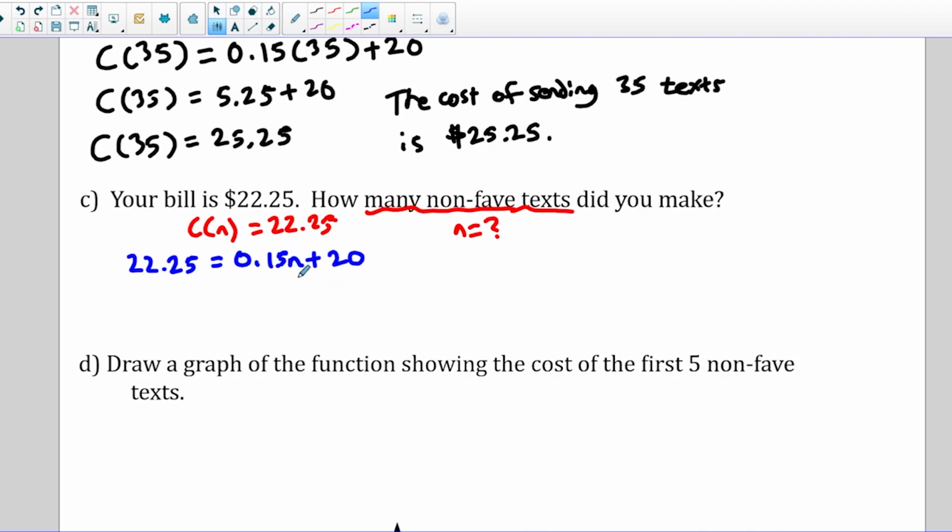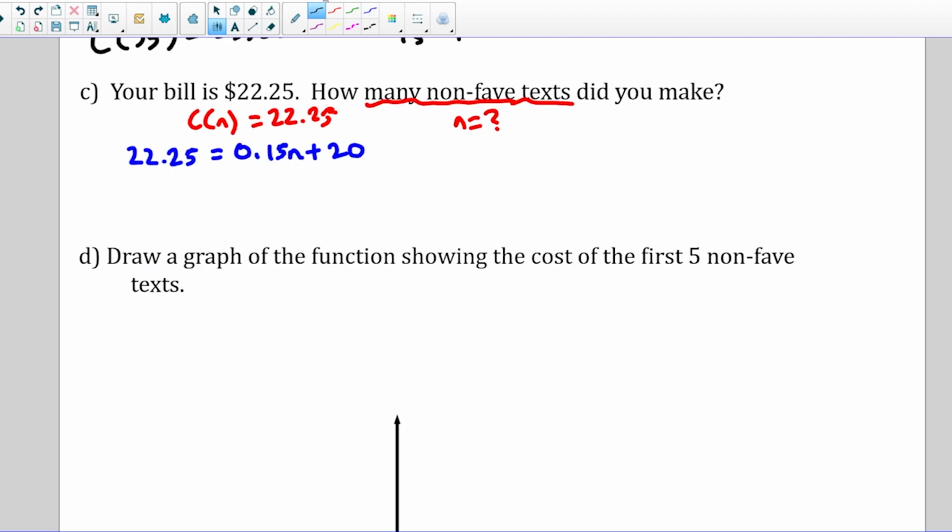So in order to solve for the number of text messages that we sent, we're going to have to isolate for n. So my first step here, I'm going to go ahead and subtract 20 from both sides. So I'll have 2.25 is equal to 0.15n. And then I'm going to divide both sides here by 0.15.